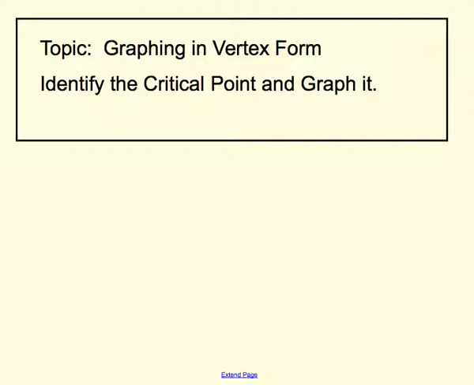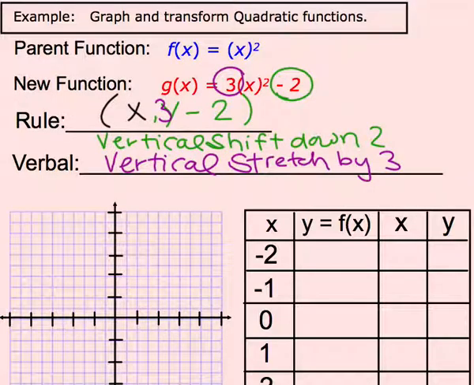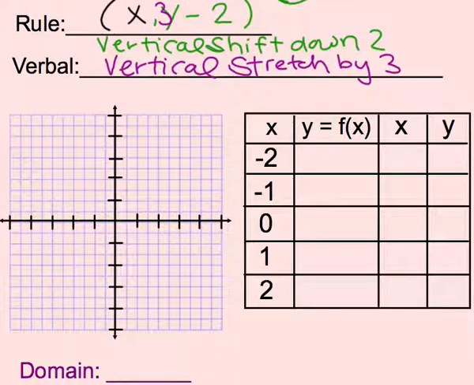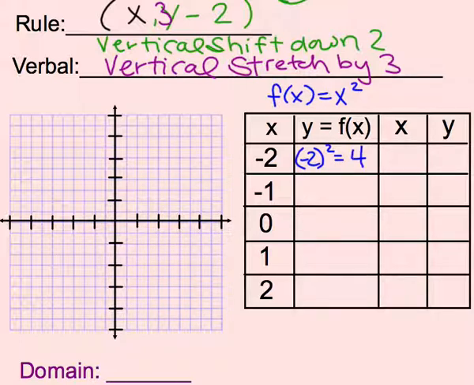All right, so what we're going to do next is go ahead and graph its parent. If you remember, the parent is f of x equals x squared. Here are 5 numbers for the parent that we'll graph out. Negative 2 times negative 2 is 4.